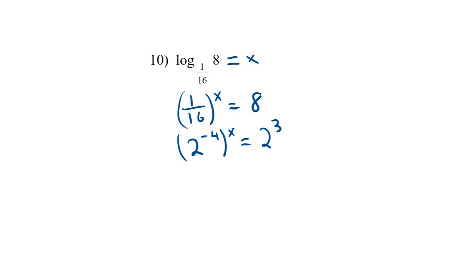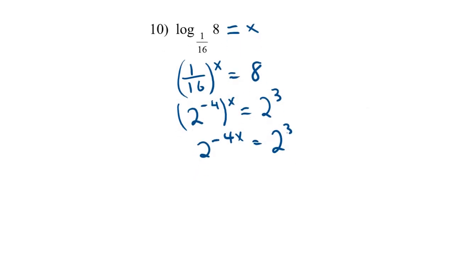And now I can get 2 to the power of negative 4x equals 2 to the power of 3. Now you can set the exponents equal to each other, because the base is the same. And then you can solve for x. Your x is just going to be 3 over negative 4, negative 3/4.